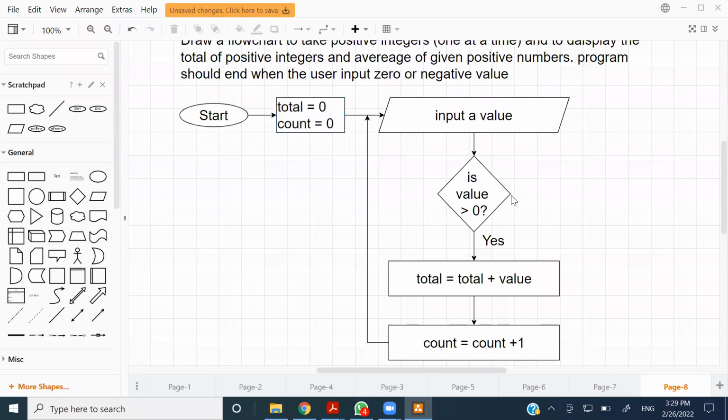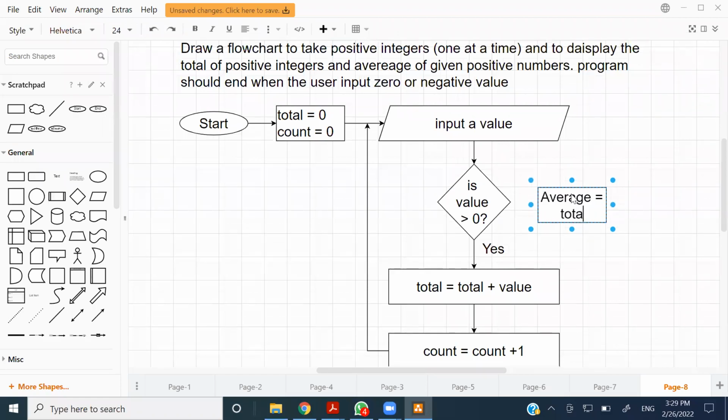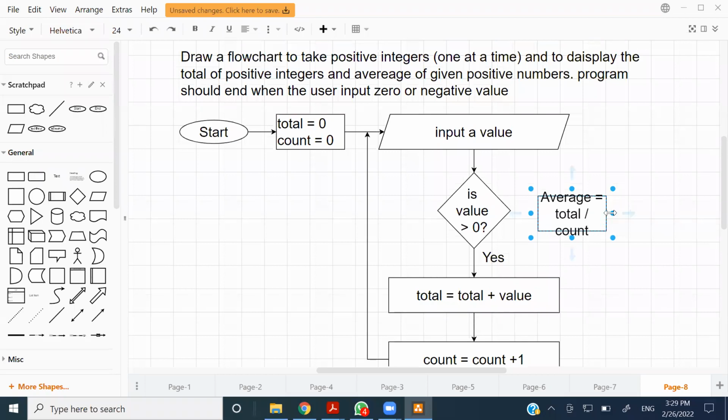Okay, then let's worry about the no path now. On the no path, what are we going to do? We can calculate the average. So I can say average equals, now I have the total I calculated during my iteration, so I can divide my final value of the total by the final value for the count.